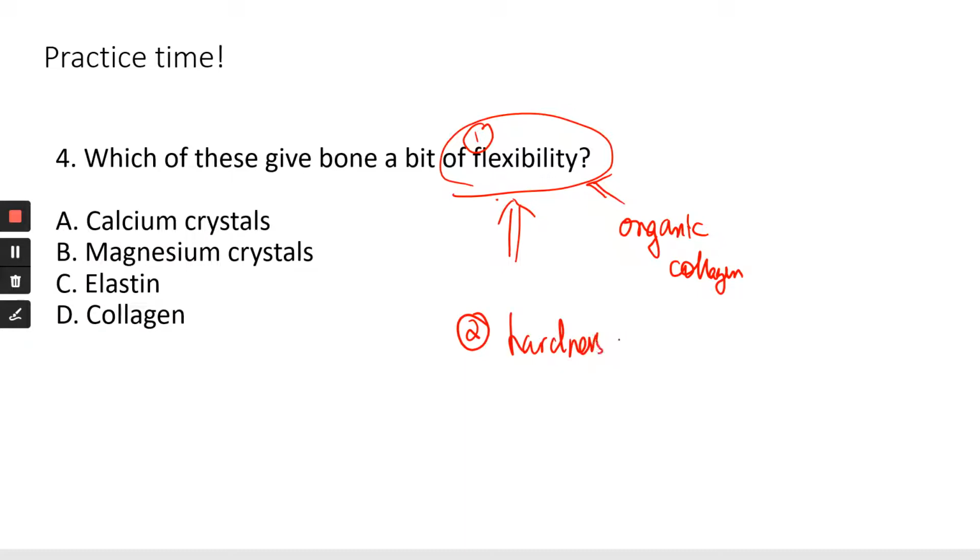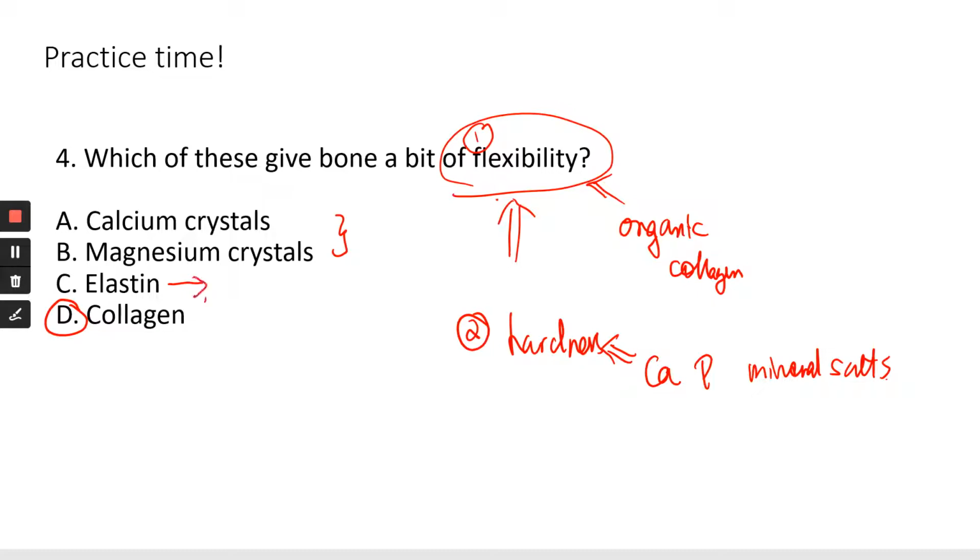So hardness is provided by inorganic calcium salts, right? Calcium and phosphate salts. So mineral salts. So flexibility, that's going to be collagen. Right? So these are all mineral salts, calcium, magnesium.